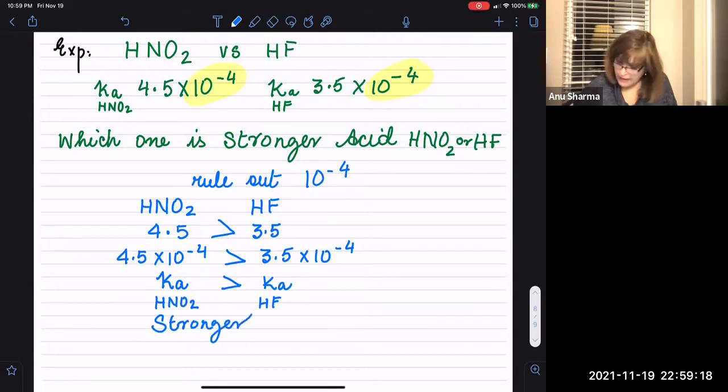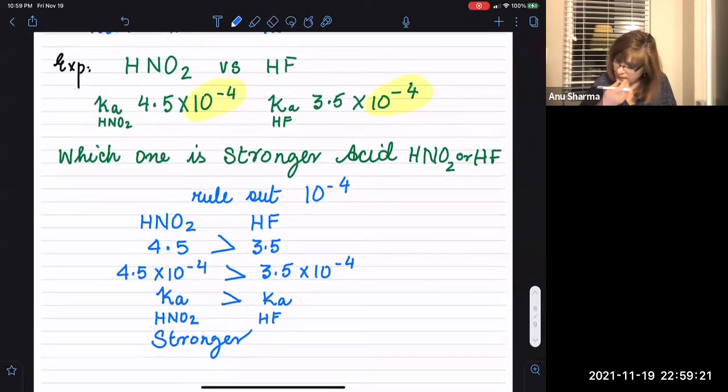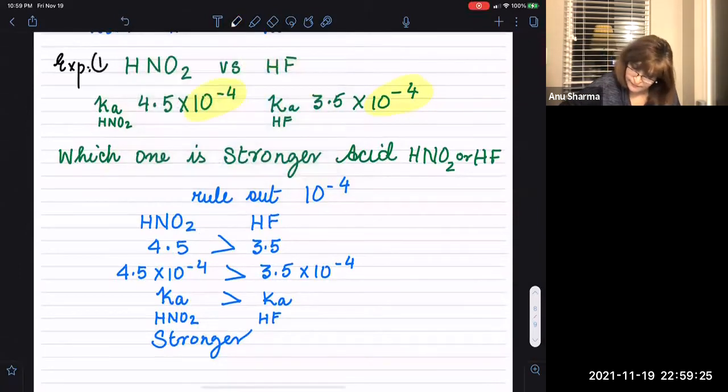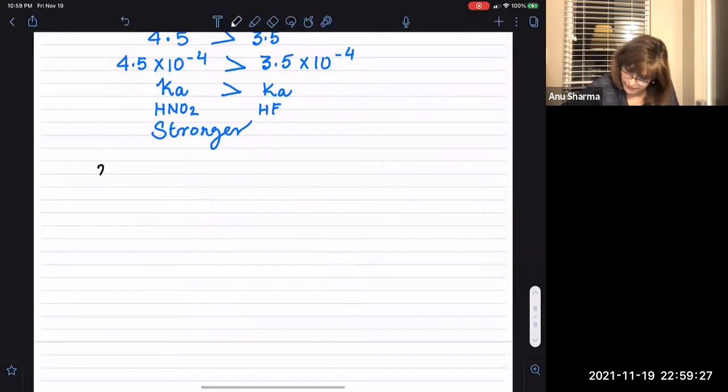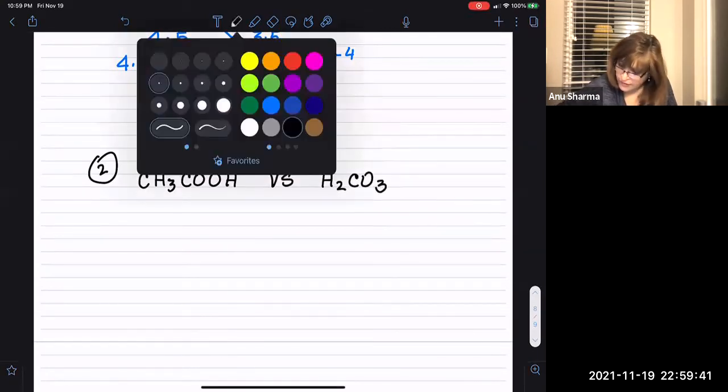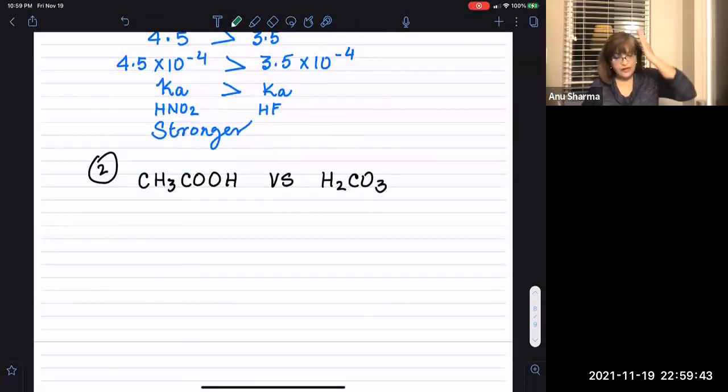Okay. Now let's look at another example. This is example 1. Let's look at another example, which is acetic acid, CH3COOH, versus H2CO3. So here we have acetic acid.